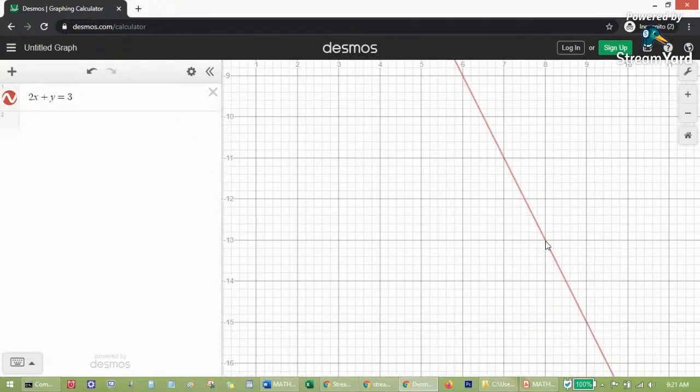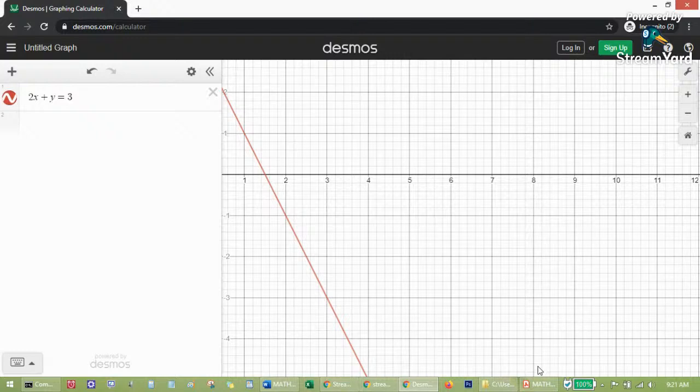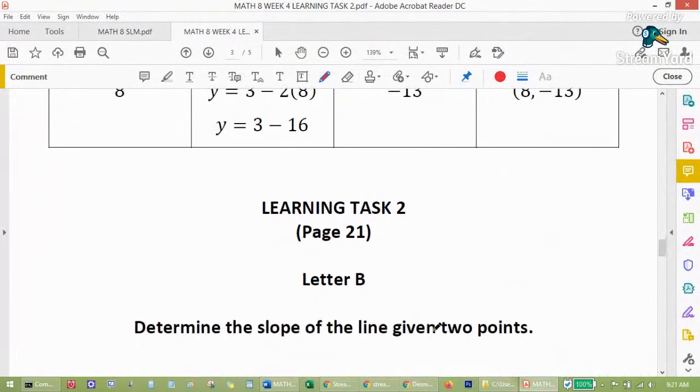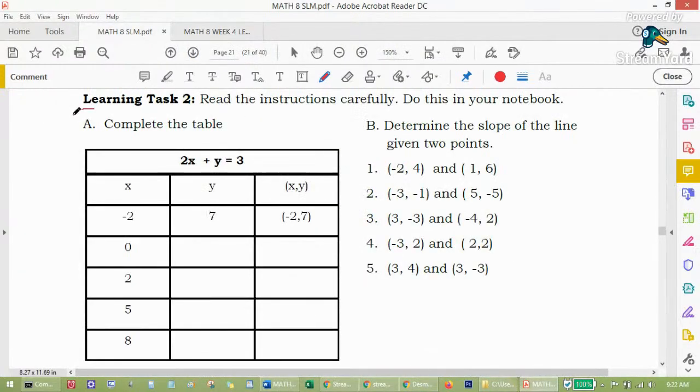Okay, so, dito sa point na to, makikita natin that this coordinate is x is 8 and y is negative 13. No? Ang point na yan ay nakatapat sa negative 13 ng y and nakatapat siya sa positive 8 ng x. Okay? So, ganun sinugatan ng letter A.